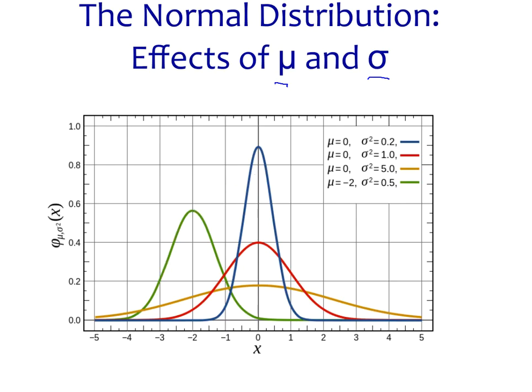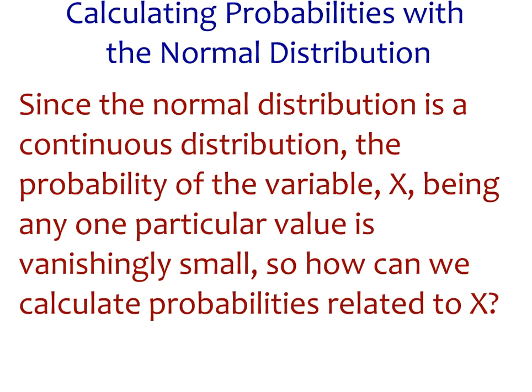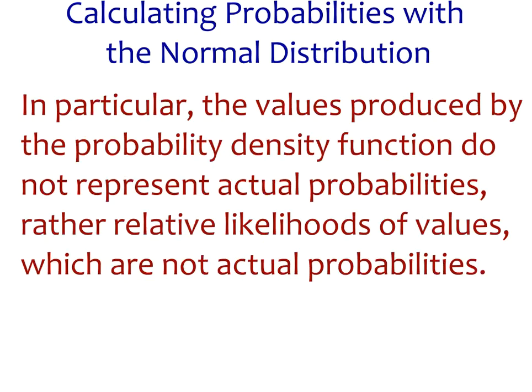So how can we interpret or calculate probabilities when that's the case? And the answer is that we don't actually look at that PDF as probability values. So the values produced by the probability density function are not probabilities. You could interpret them as relative likelihoods for each of the values, but those are not actual probabilities.